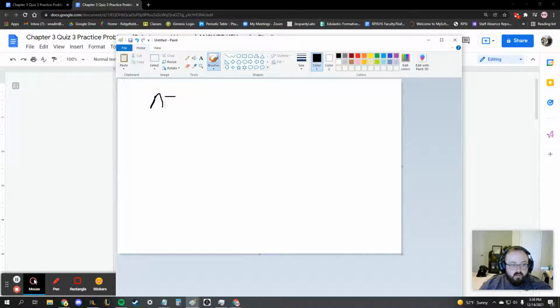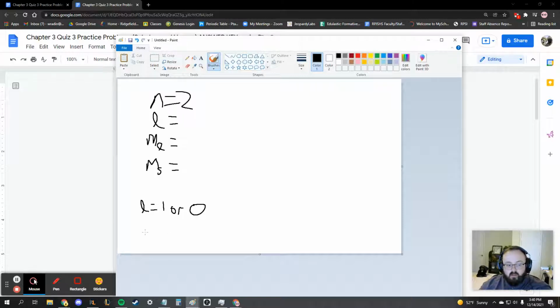If we have n equals 2, we're going to have our L value, our m sub L and our m sub S. So if n equals 2, this means that L can equal 1 or 0.